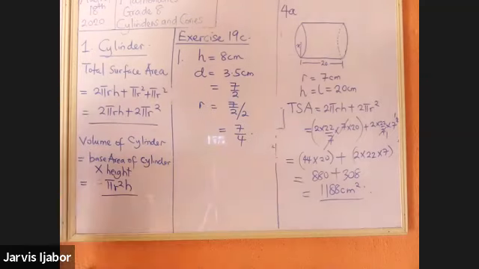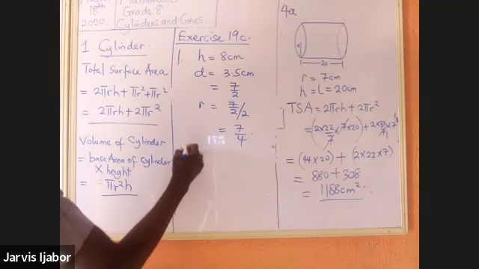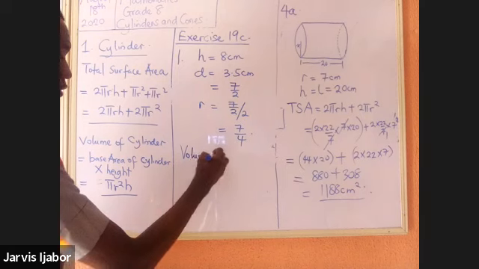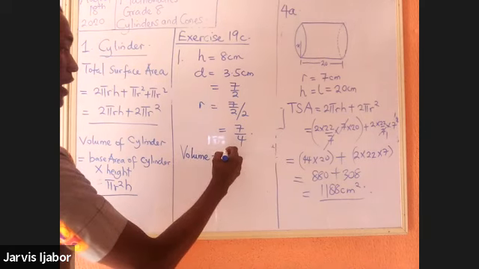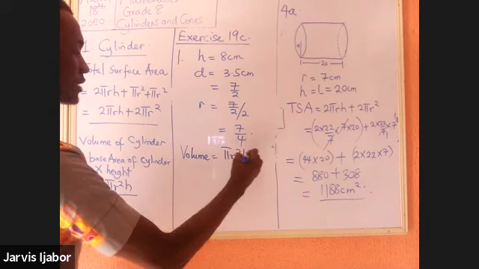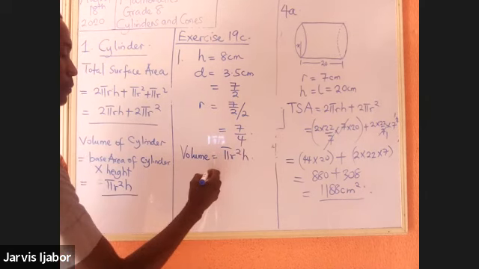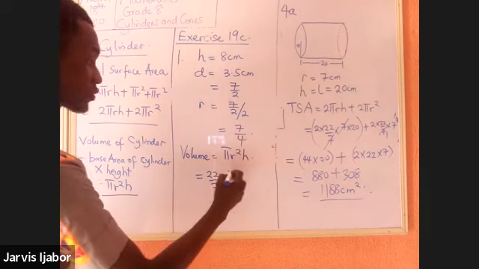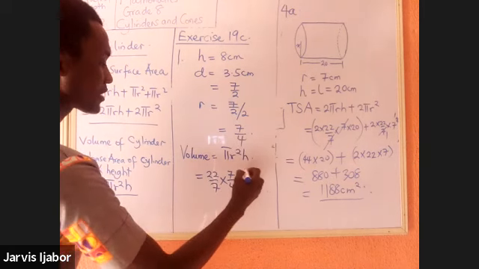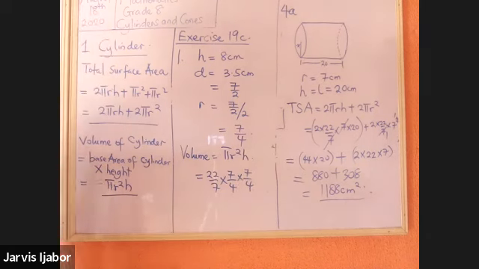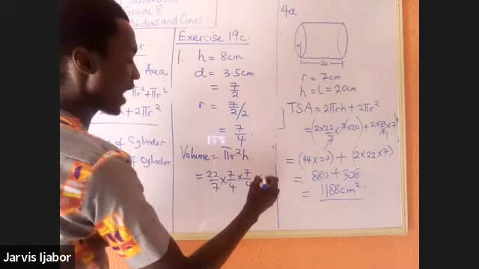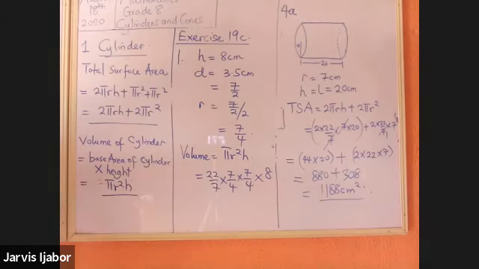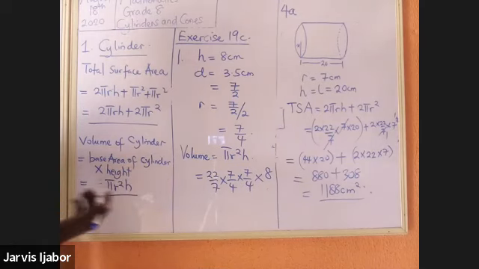All right. So volume will be equal to area pi r squared times height. What is pi? 22/7. What is radius? Radius is 7/4. So you write 7/4 twice. Still the same thing. Keep it simple. Times, what is the height? 8. So you cancel out. When you're canceling out, you cancel out what you have spotted.